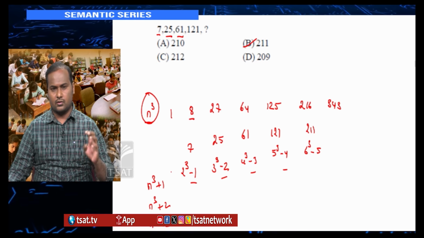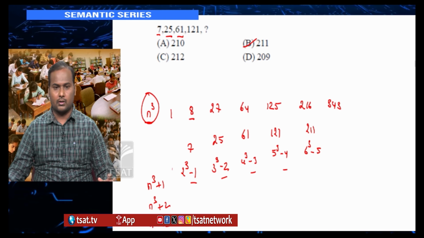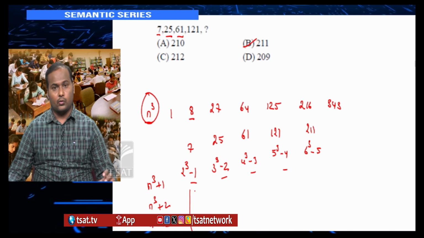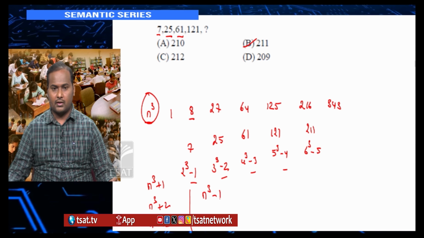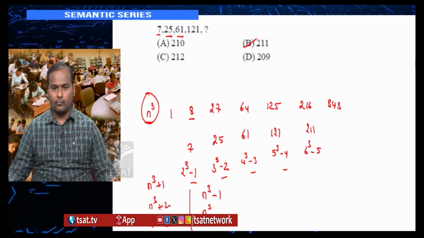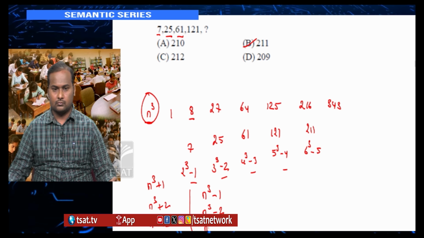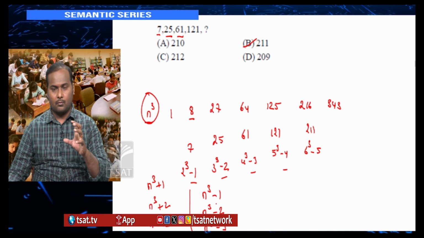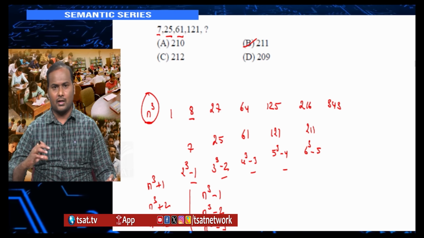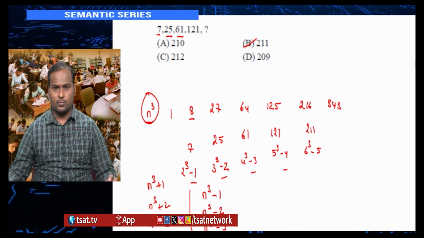So, all the values near. Just keep that in mind, that is very important. In the same way, you need to remember about n cube minus 1, n cube minus 2 and n cube minus 3. So, keep the number range. It is given the cubes, again the values near the cubes as well.